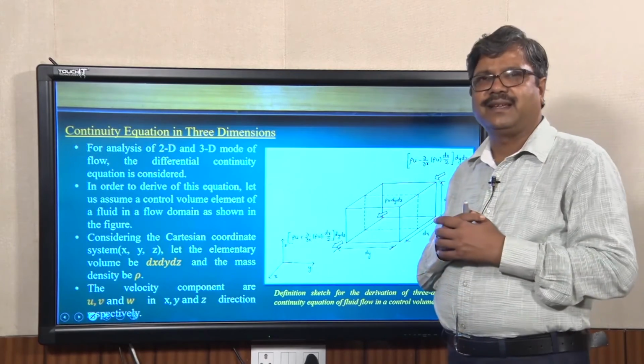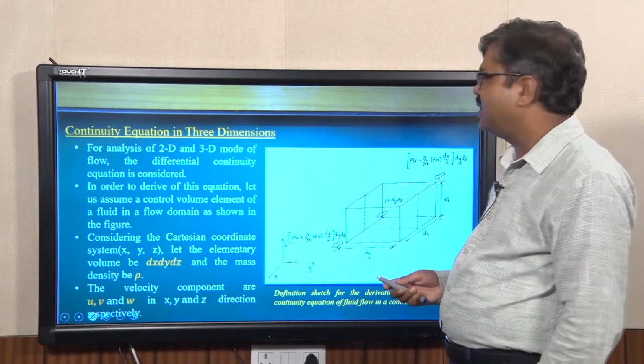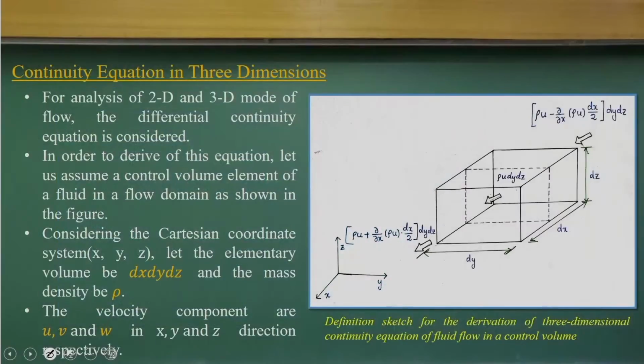As we know from basic definitions, the mass flux, the mass per unit time, is equal to rho into Q, the density into discharge. It gives us the mass flux, or rho u A. Here I am talking about the u velocity component.